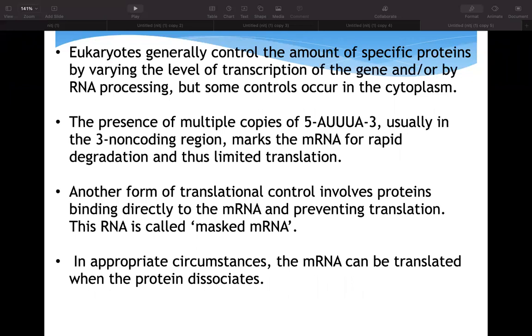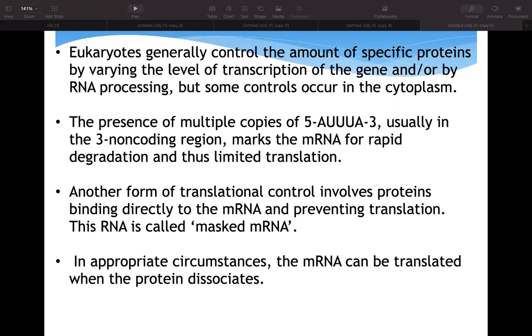Eukaryotes generally control the amount of specific proteins by varying the level of transcription of the gene and by RNA processing. But some controls occur in the cytoplasm, where translation occurs in eukaryotes.